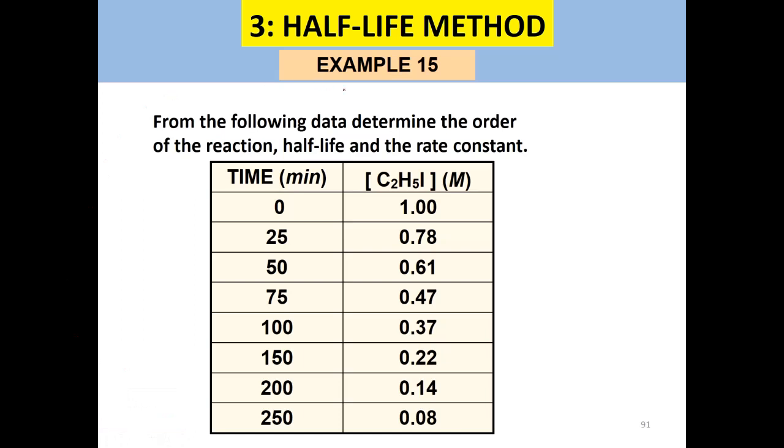Now we proceed to example 15 that involves the half-life method. For this example, we consider the same data as the previous example. From this table we can see that the concentration of C2H5I initially is equal to 1 molar.